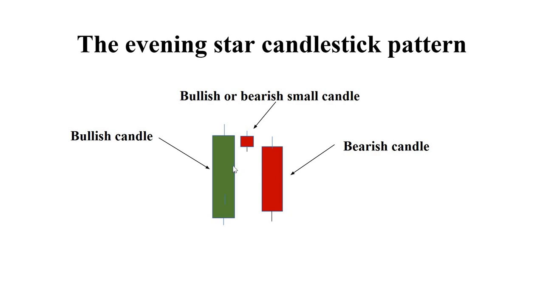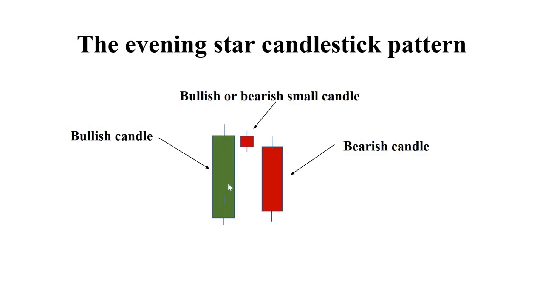So let's look at the psychology behind the formation of this candlestick pattern. Now you realize that the first candle is a bullish candle, which tells us that the bulls or the buyers are in control of the market, and therefore they are pushing the price up, all the way up.